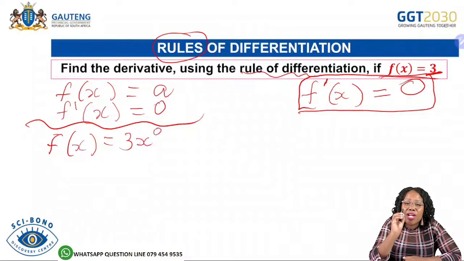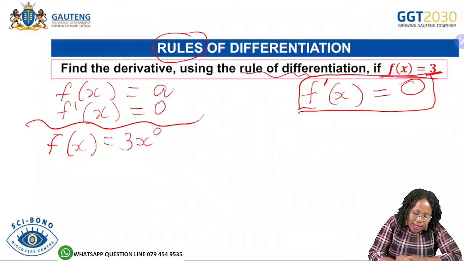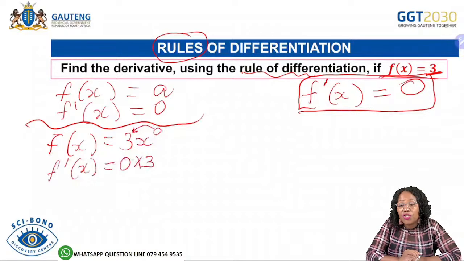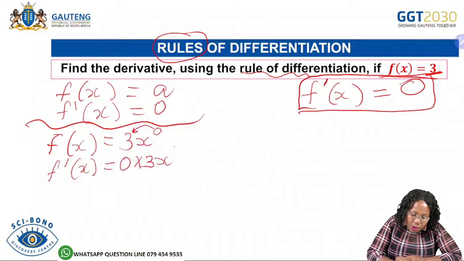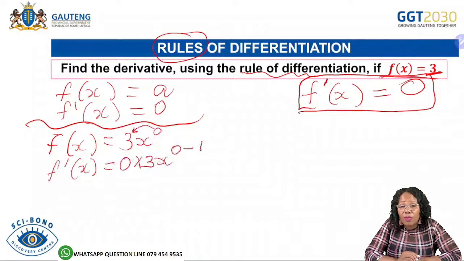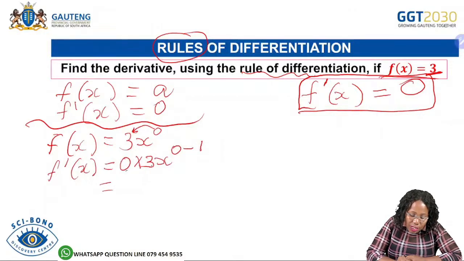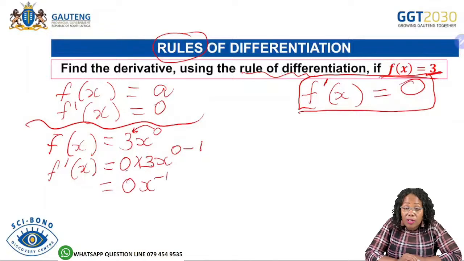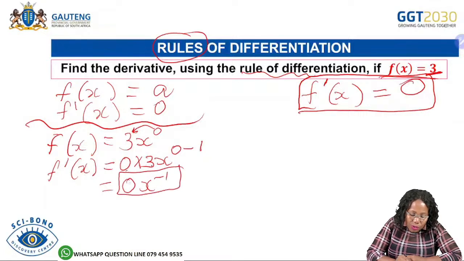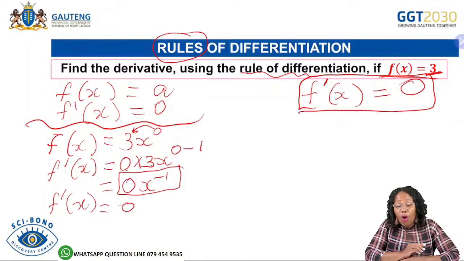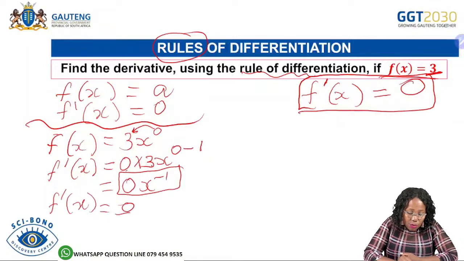So now, if we apply the rule that says take the exponent multiplied by the coefficient, the minute you derive, you take the exponent 0 and multiply it by the coefficient, and then it's x to the power 0. From the exponent, you subtract a 1. This will be 0 times 3, which is 0. And then x to the power 0 minus 1 is minus 1. But 0 times x will give us a 0. That is why a derivative of a constant number is equal to 0.